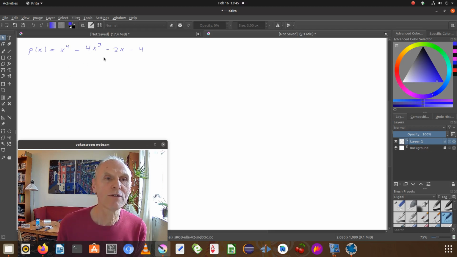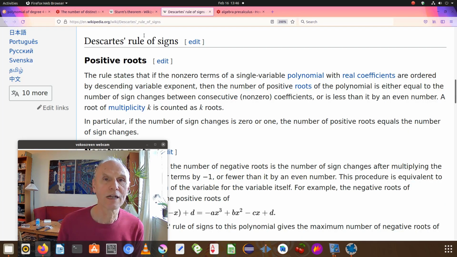That gives at most 1 negative root, and there is a negative root. That was using Descartes' rule of signs.